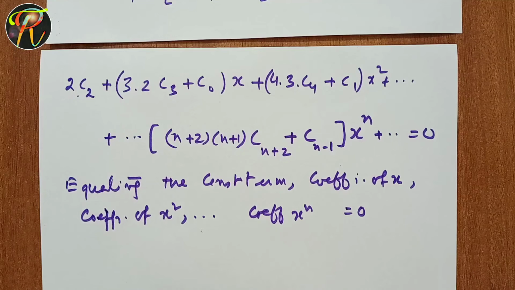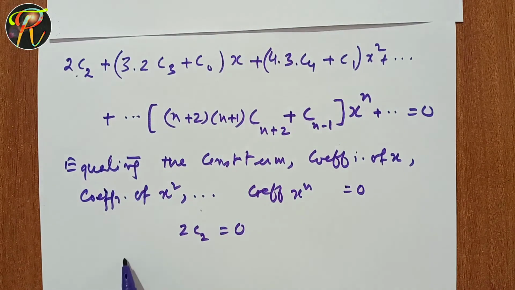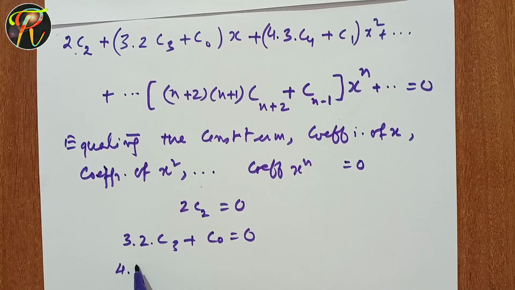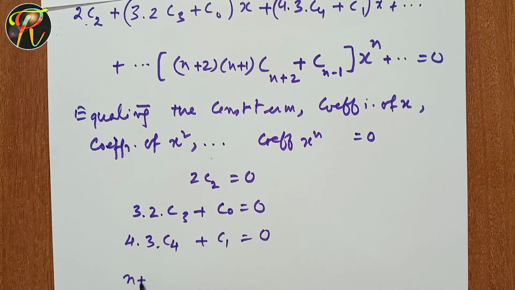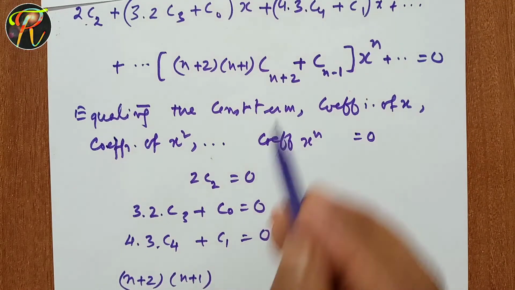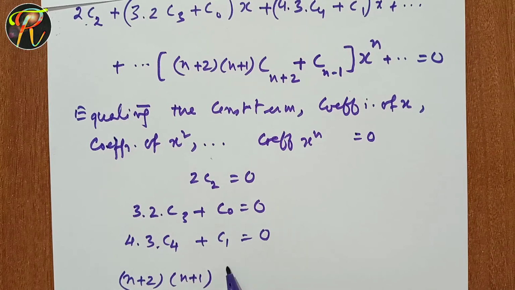So we get 2c2 equal to 0; next 3 into 2 c3 plus c0 equal to 0; next 4 into 3 c4 plus c1 equal to 0; and the nth: (n plus 2)(n plus 1) c(n plus 2) plus c(n minus 1) equal to 0.